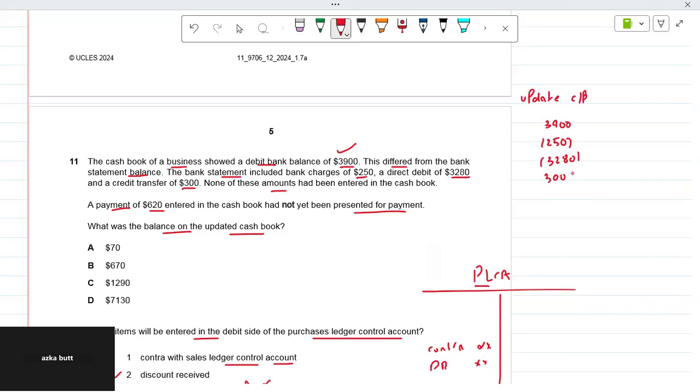So if we just calculate it, at the end you will get the answer, which is 36,670. Okay. So basically, they are asking us to find out the balance on the updated cash book. This is very easy. 36,670 is the answer.